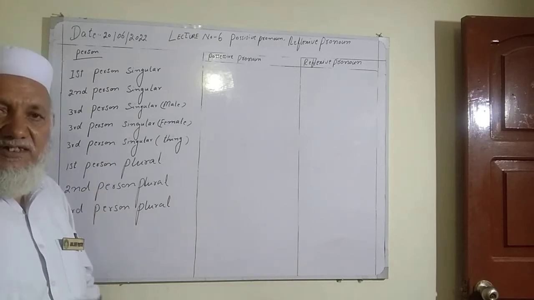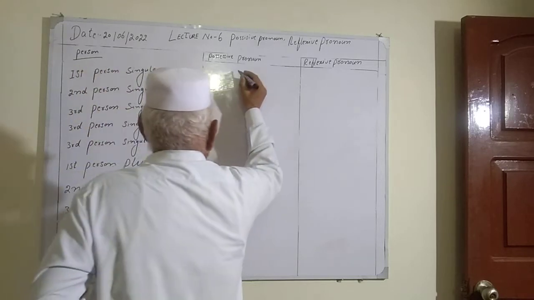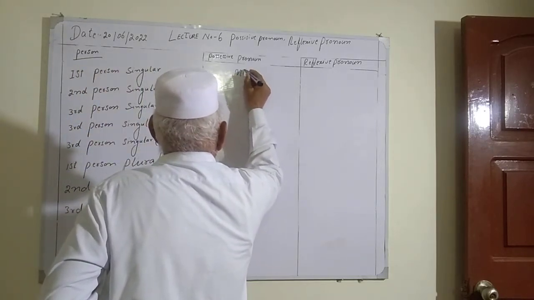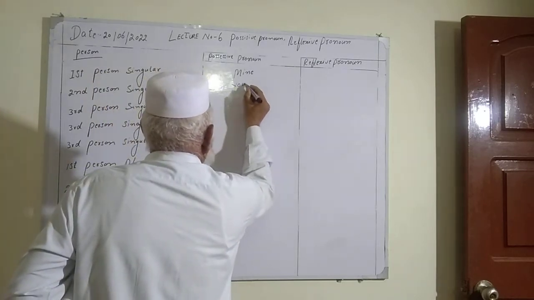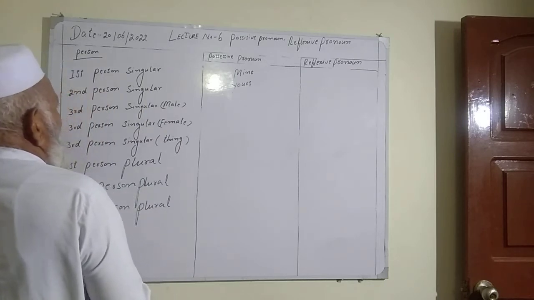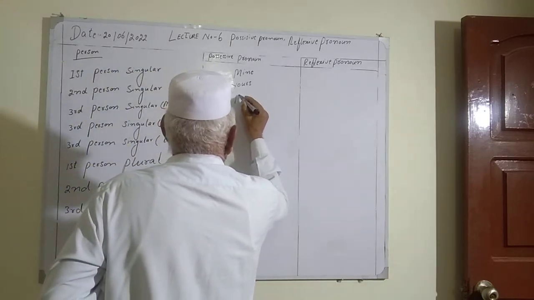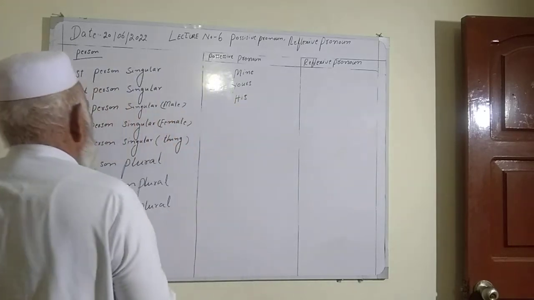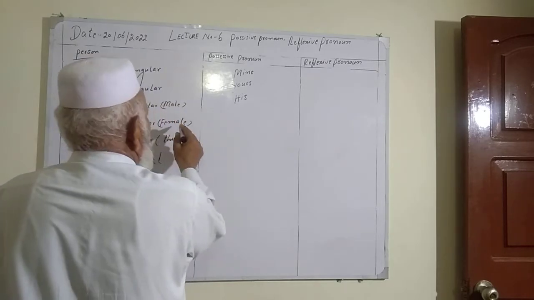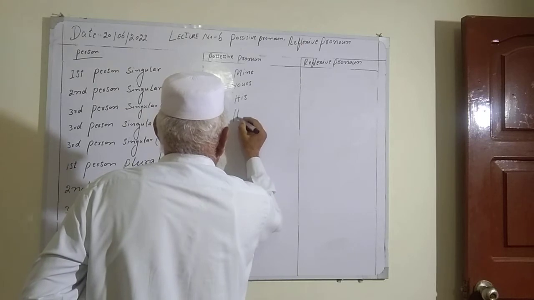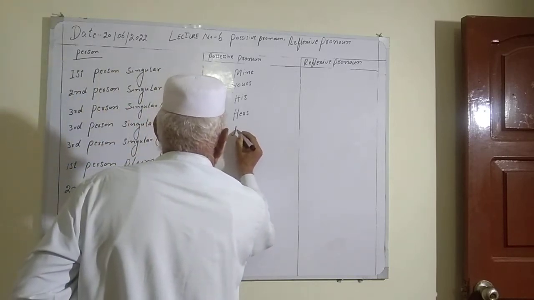In the subjective case we have studied these, but in the possessive pronoun the first person singular is mine, second person singular is yours, third person singular male is his, third person singular female is hers, and third person singular thing is its.